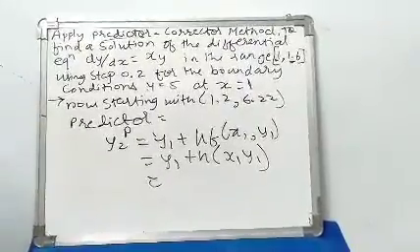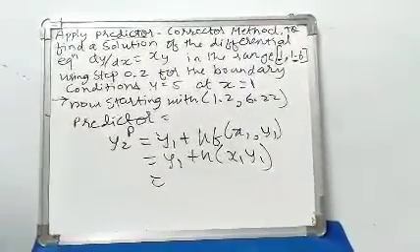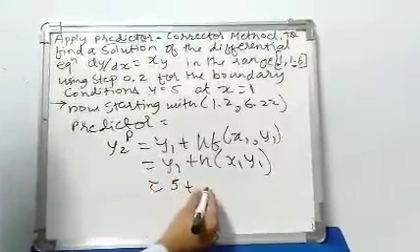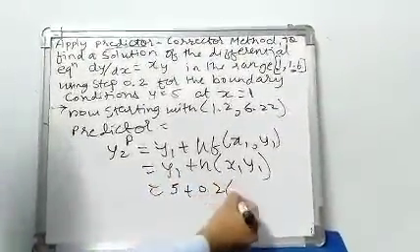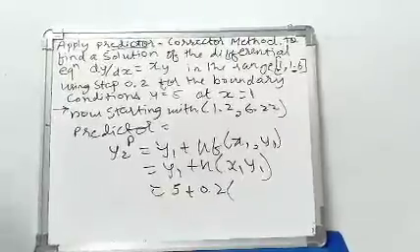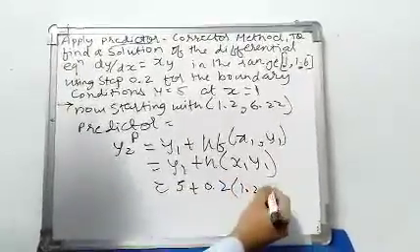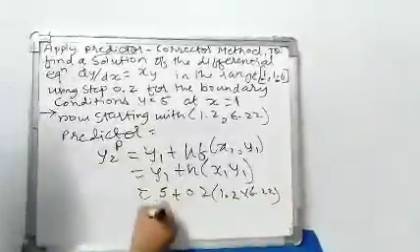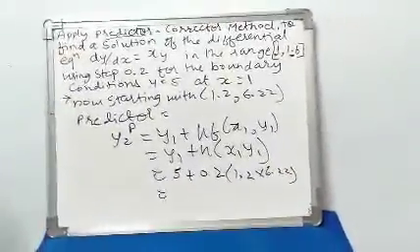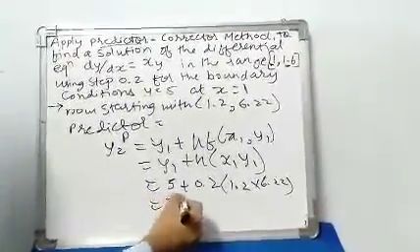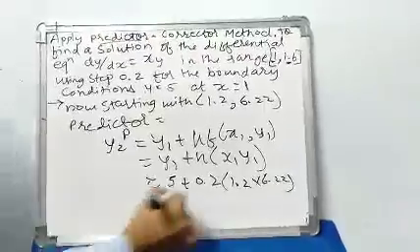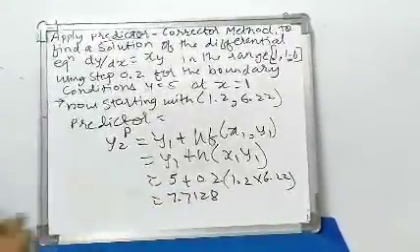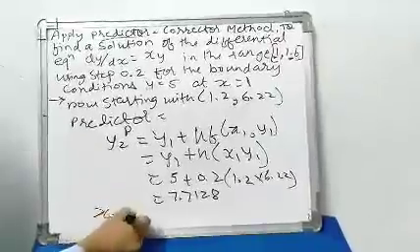We have the values for everything here: y1 is 6.22, h is 0.2, x1 is 1.2. So we get the value 7.7128.